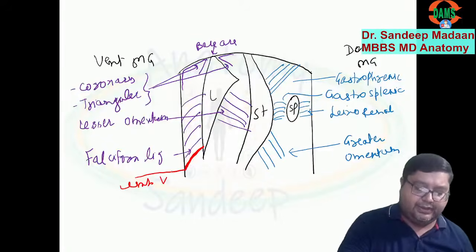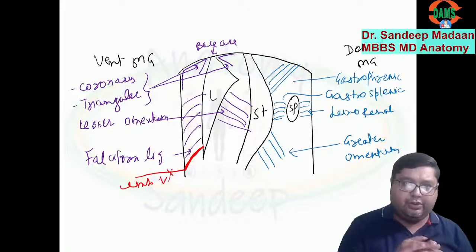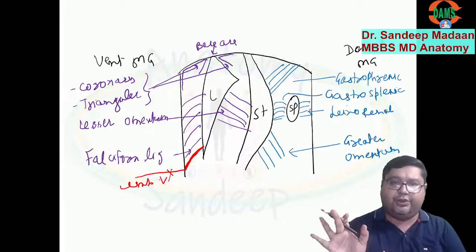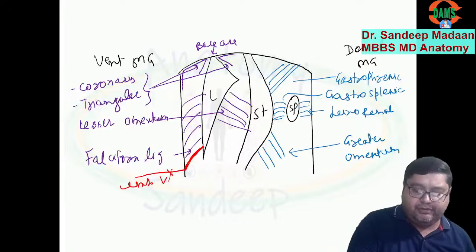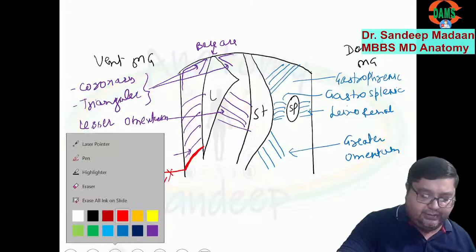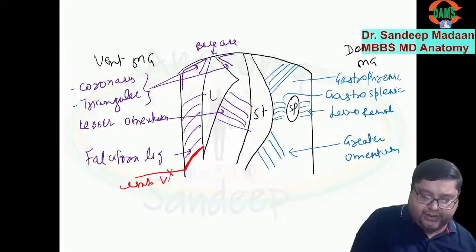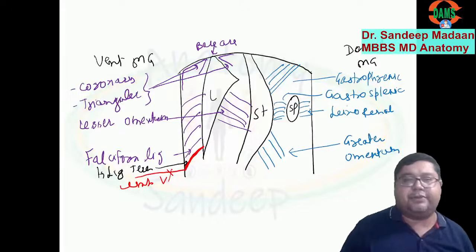But after birth, this portion will go away. The outer portion will shed off, but the inner portion will persist. Inner portion will persist as what? This much part will persist as ligamentum teres. And that ligamentum teres will be the content of falciform ligament.